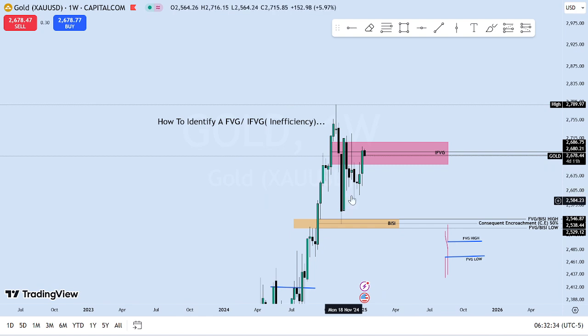You can see price respecting the half of it, the main threshold, acting as a support level. Both the order block and the fair value gap, the half of it, that's the consequent encroachment of them, is a major support or resistance. Note that, don't forget that.